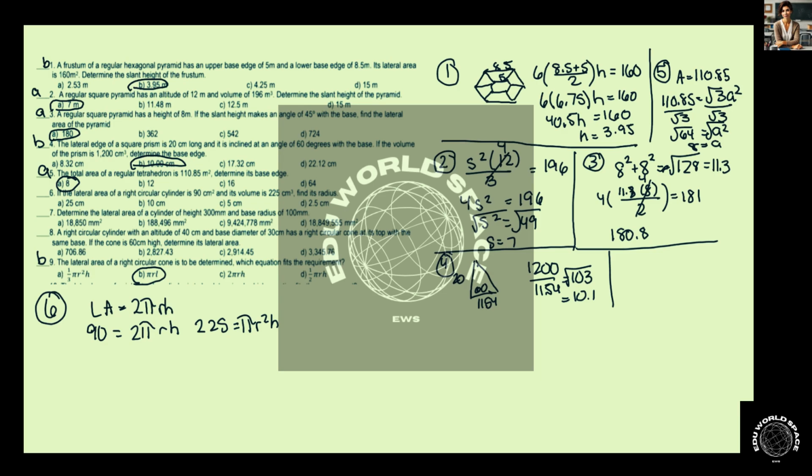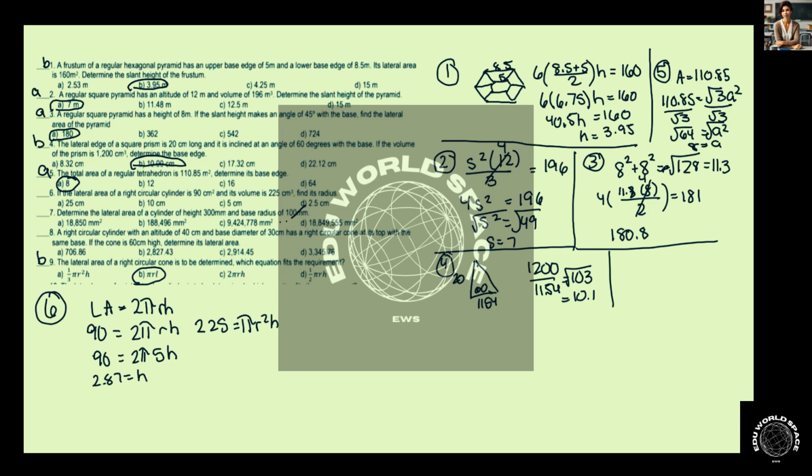What I did was plug each of these numbers in. If I did 90 equals 2 times pi times the radius of 5 times the height, I would get a height of 2.87.